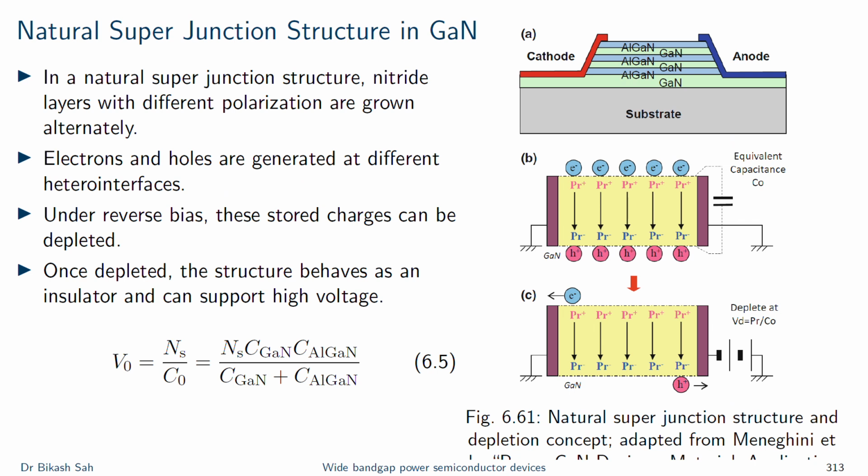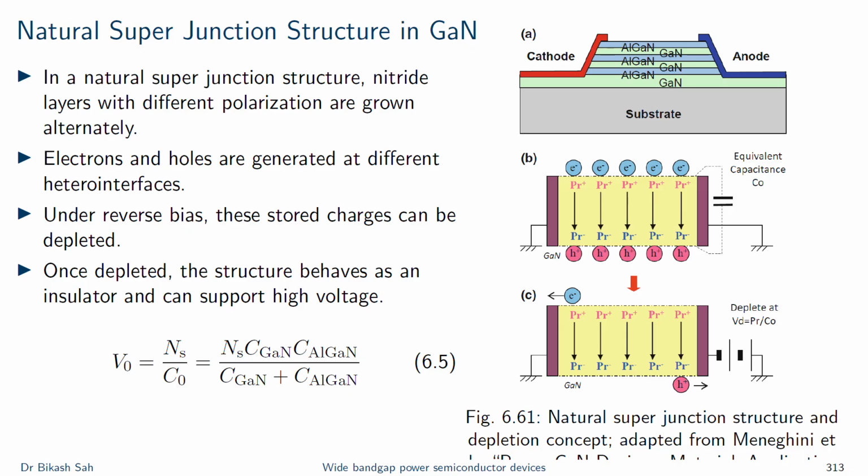If you remember, we learned a bit about the superjunction MOSFET in silicon in the previous lectures. Something similar also exists, but it's called natural superjunction in gallium nitride. In conventional silicon superjunction devices, we basically used balanced P and N pillars.